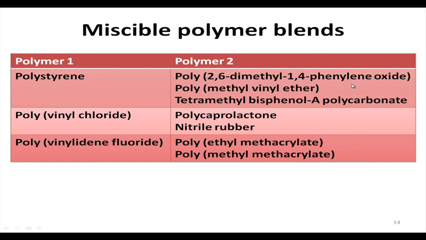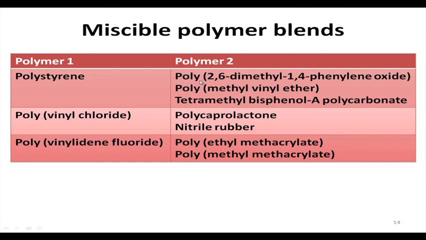Let us look into, after having this miscibility criteria, the successful polymer blends, say a polymer blend of polymer 1 with polymer 2. Say if polymer 1 is polystyrene, then what could be the second component polymer?